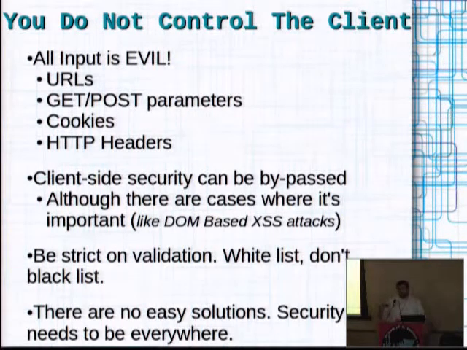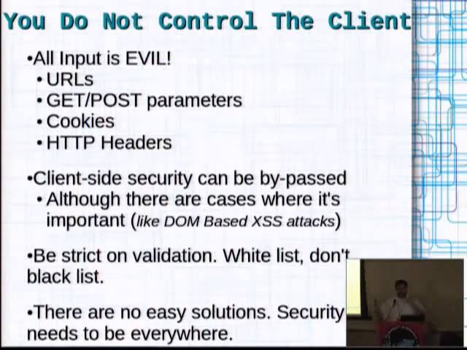Now there are some security problems that browsers do take care of, and that you do actually have to mitigate through JavaScript. But those are slightly different, and we'll get to those as we get along. Be very strict on your validation, as strict as you possibly can.